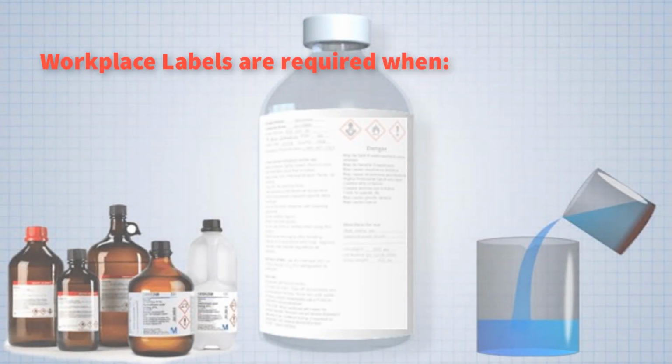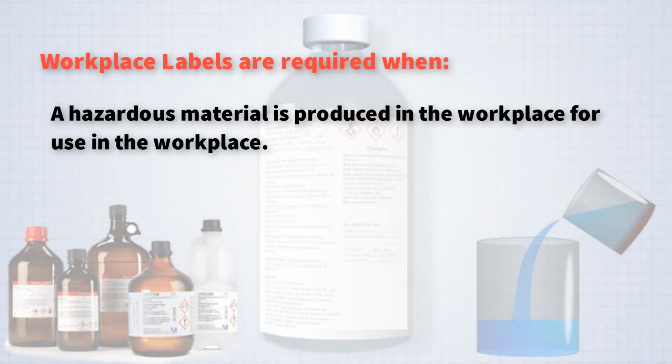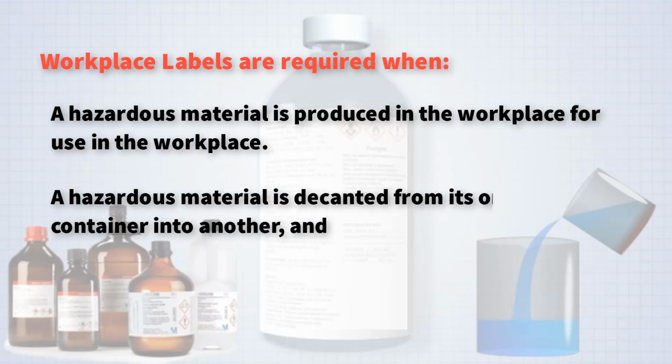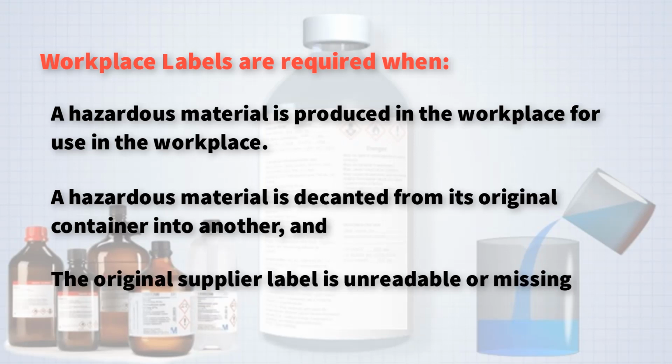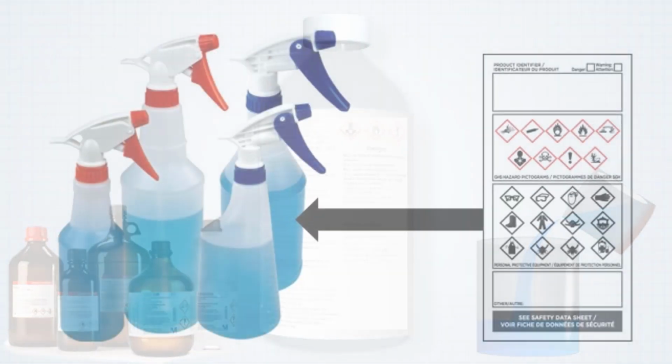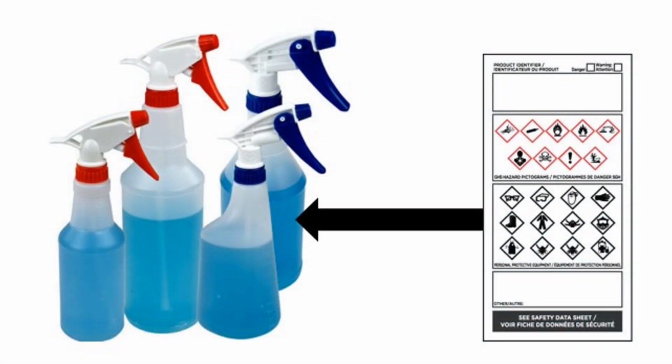Workplace labels are required when a hazardous material is produced in the workplace for the use in the workplace, a hazardous material is decanted from its original container into another, and the original supplier label is unreadable or missing. It is important that workplace labels are used on containers after substances are transferred from another container. This is to provide consistency and clear communication to other workers of the potential hazards contained in the substance.